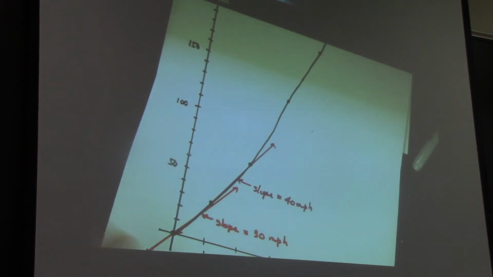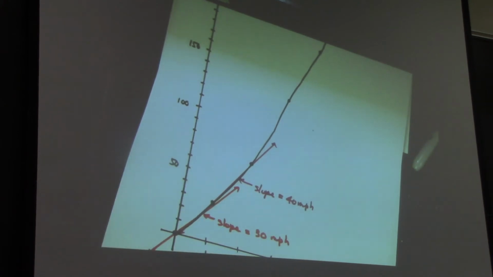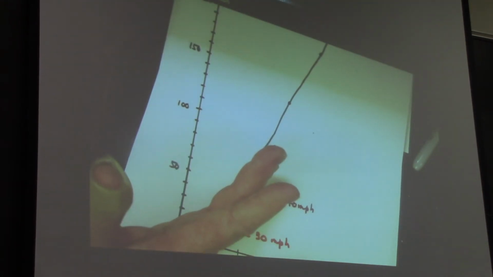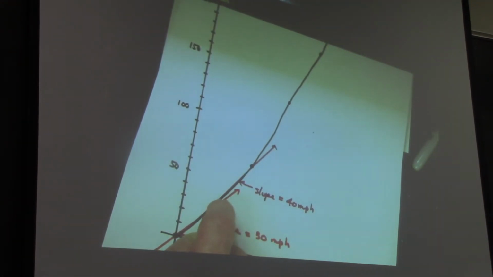The line from 0 to 1 or the line from 1 to 2? The line from 1 to 2. Even if I didn't do the calculations, this line is steeper than that line. So that means that during the second hour I had sped up. My average speed is more than my average speed during the first hour.